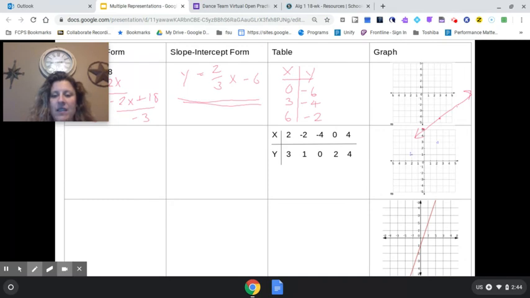We have 0 matched with negative 4, 4 matched with 0, 0 matched with 2, and 4 mapped to 4. So here is that line.